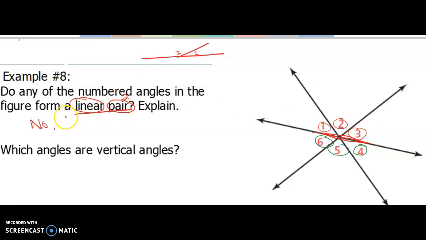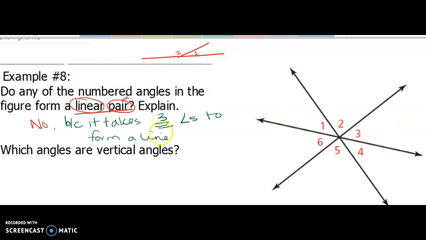So I'm going to put no because it takes 3 angles to form a line. Okay, let me erase this real quick.